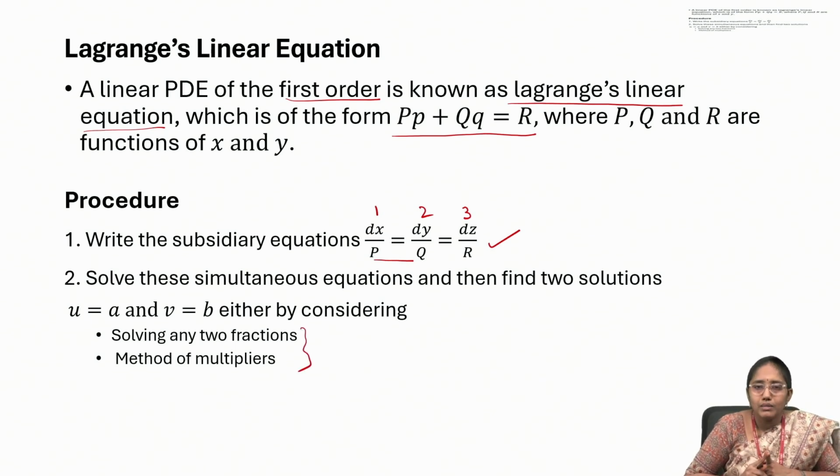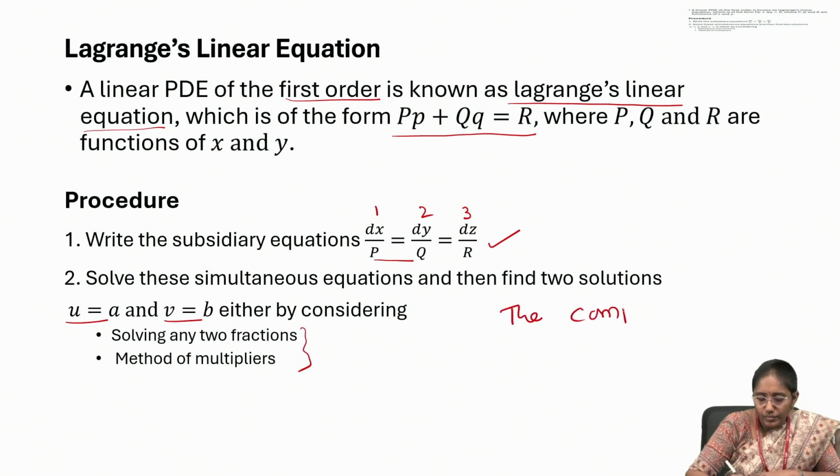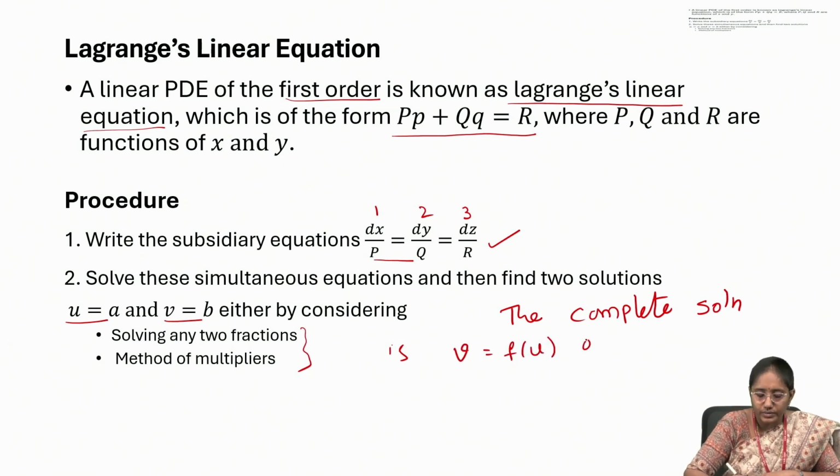One we let be considered as u = a, and the other is considered as v = b. Then the complete solution can be represented as v = f(u), or u = f(v), or you can represent f(u, v) = 0.